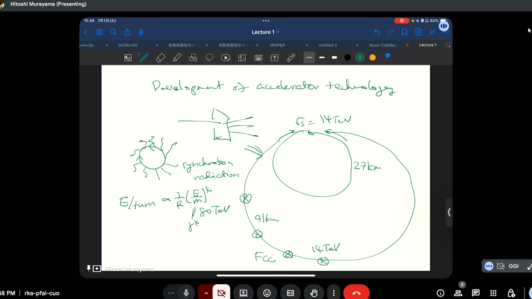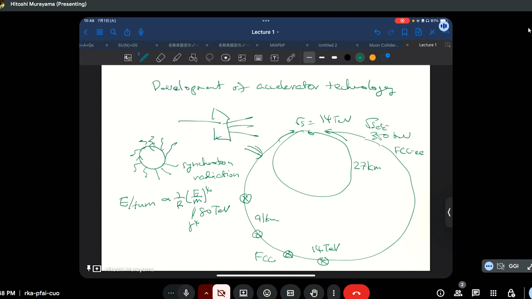So if we have a light particle like the electron and are trying to get up to a multi-TeV energy scale, this is already a big ratio. So getting up to something like 350 GeV with this 91-kilometer tunnel for e+e- center of mass energy, which is the idea of FCC-ee, is already reaching the limit of the synchrotron radiation.